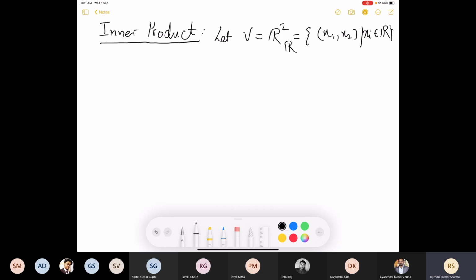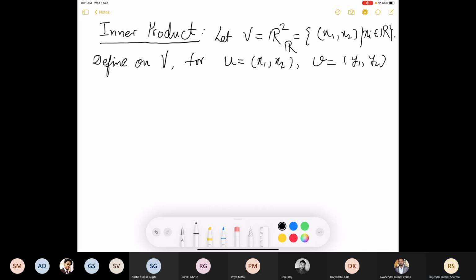And if you have two vectors, let us say u, and define on V, for any two vectors, let us say u as x1, x2, and v as say y1, y2.